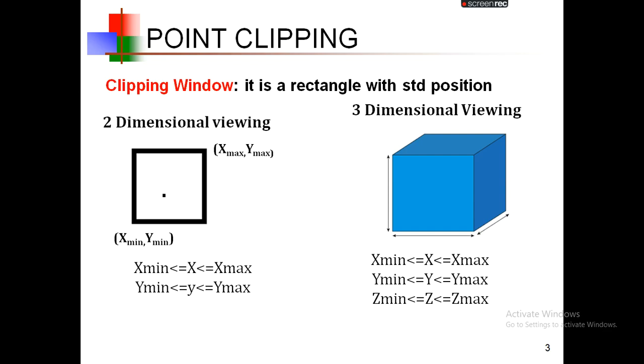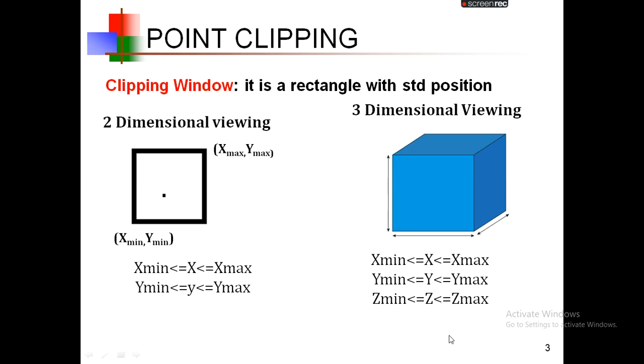So in this slide I am explaining the shape of the clipping window in a two-dimensional plane and in a three-dimensional plane. In a two-dimensional plane, our clipping window looks like a rectangle or a square, as you can see in the slide.